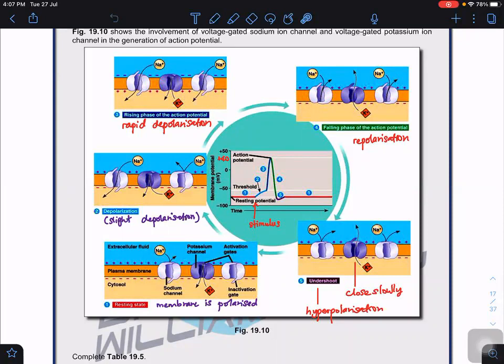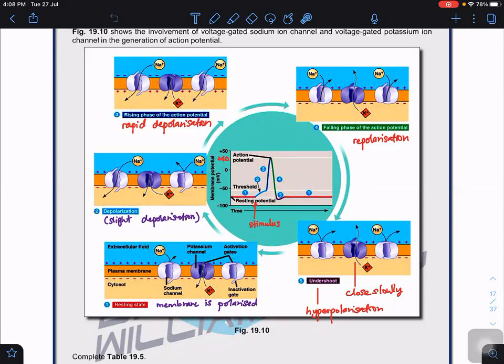At the same time, voltage gated potassium ion channels open, allowing potassium ions to move out of the cells. Because positive ions are being lost from inside the cell, the membrane potential decreases from positive 40 all the way to negative 65.